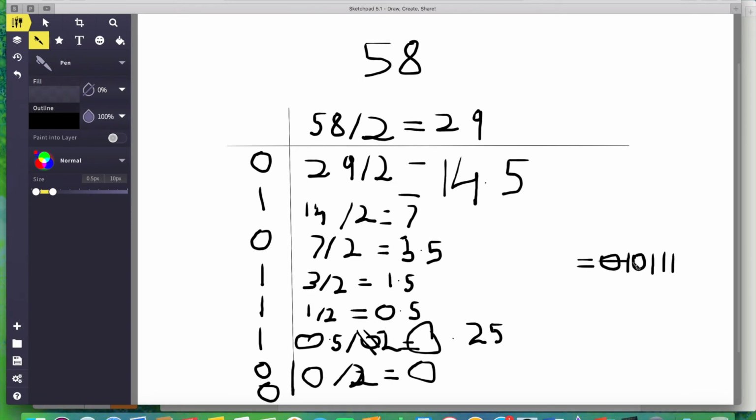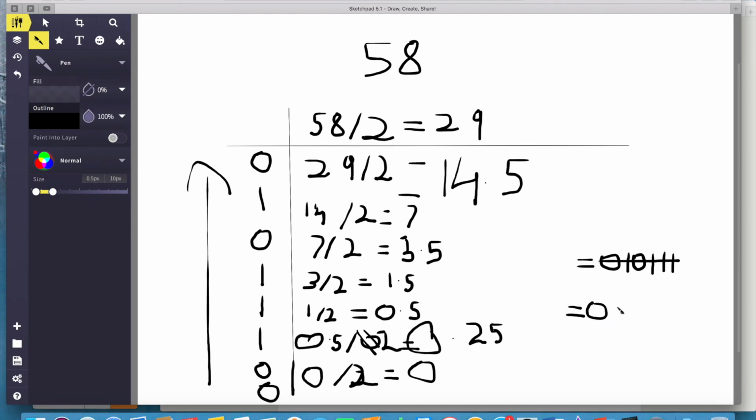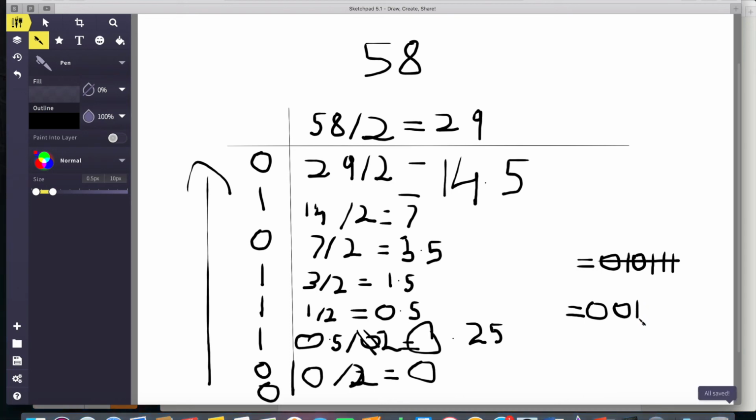I must write it straight, from bottom to top. This is a mistake many people make very often. So the original is 111010.